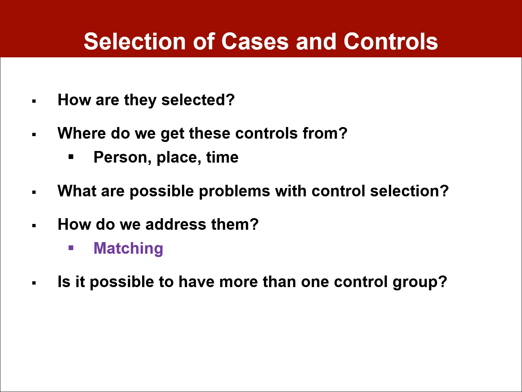Another key question that people tend to ask is, is it possible to have more than one control group in a case control study? The answer to that is yes. However, most of the studies that you probably run into show one control group, but there are instances, if you have the resources and access to the patient population, where you could have 2 or 3 control groups, comparing them to the case group.